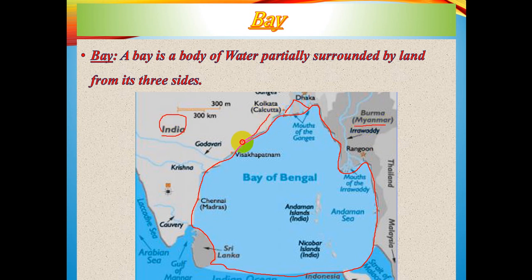So this entire water body is partially surrounded by land masses from its three sides, and as it is connected to Bengal, it is termed as Bay of Bengal.